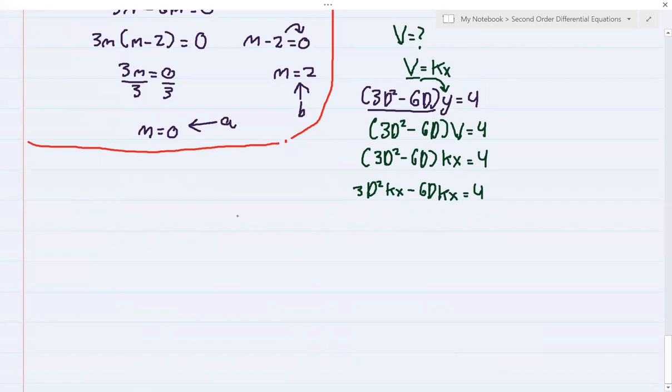Now, remember that your capital D is equal to d over dx.